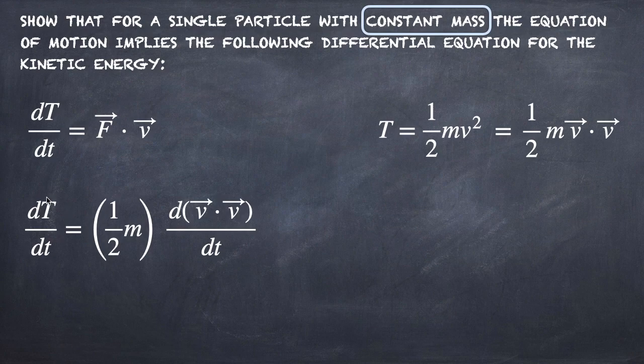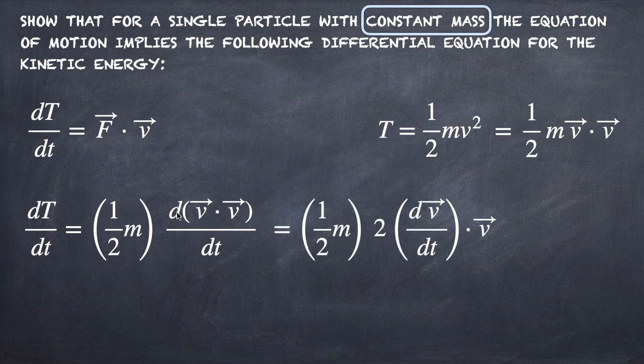Calculating the time derivative of the kinetic energy of this function here, we obtain 1 over 2m, which is a constant factor, and the derivative of this product, v dot v, which is the derivative of v multiplied by v plus v multiplied by the derivative of v, which is 2 times the time derivative of v dot v, since we are using the commutative property of the scalar product.